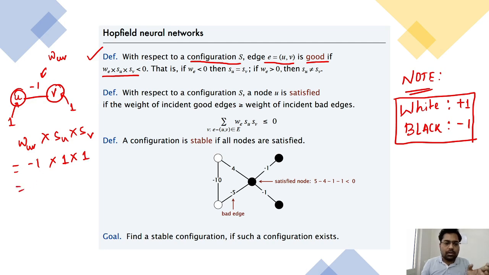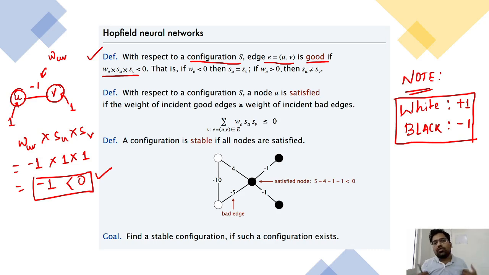So -1 times +1 times +1 gives -1, a value which is less than 0. If this condition is satisfied, we can say it's a good edge for U. Again, if you keep V as the U, you can interchange them, but the states should not change. U is the source for us, V is the vertex, the destination. In this way, if it is less than 0, we can say it's good for us. Clear?